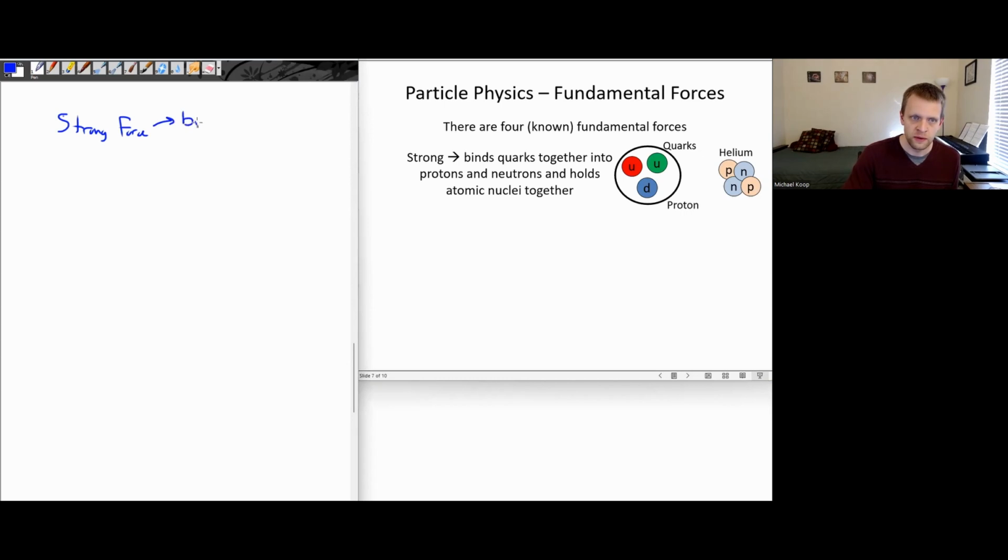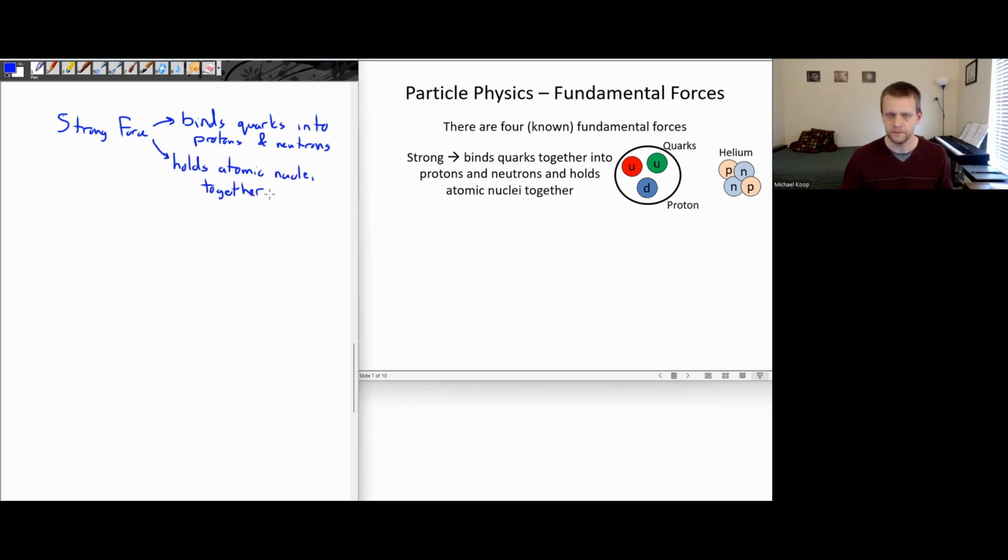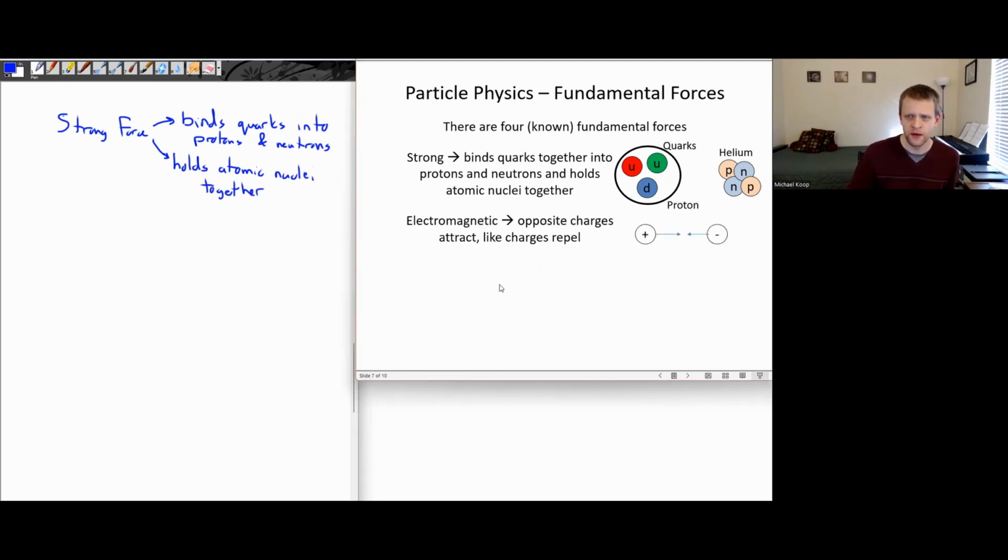So it binds quarks into protons and neutrons, and holds together atomic nuclei. That's the strong force.